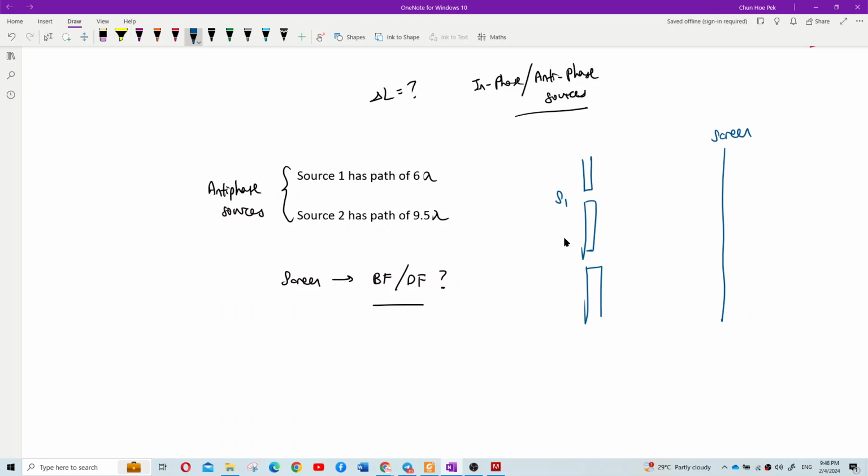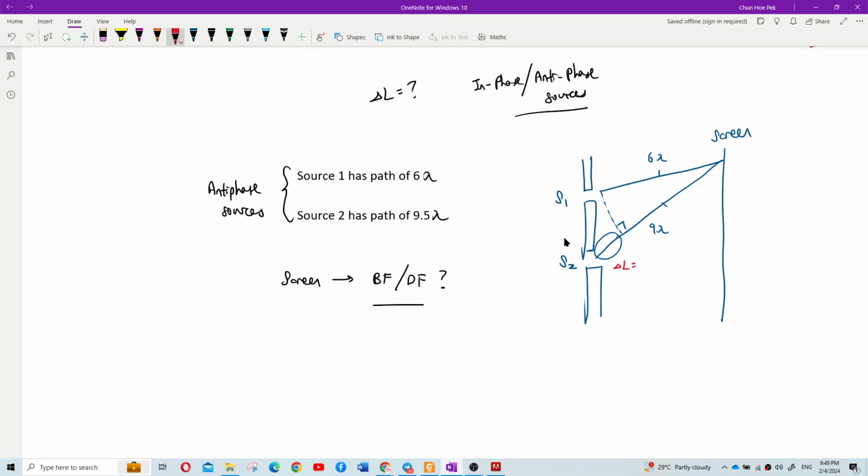So this is S1, this is S2. 6 lambda means S1 is shorter, going up this way. S2 is a longer distance. The first one is 6 lambda, the second one is 9.5 lambda. We must first calculate how big delta L is.